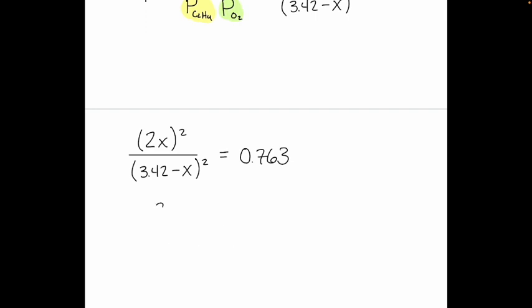This is going to become 2x over 3.42 minus x, all of it squared, equals that 0.763. All right, so everybody take a second, practice your algebra skills here. Solve for x.